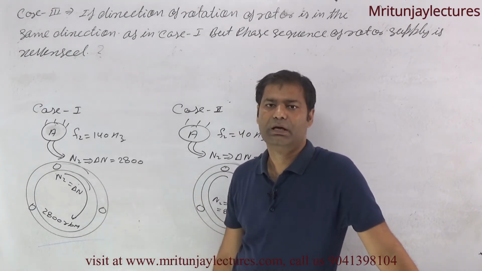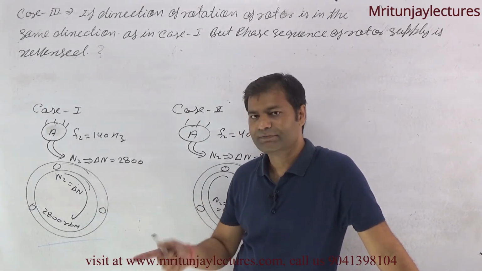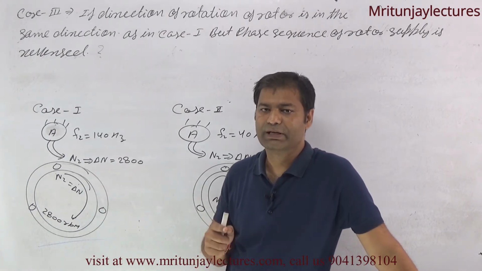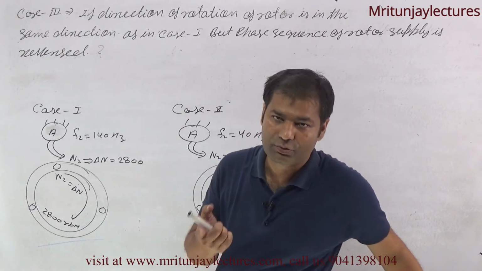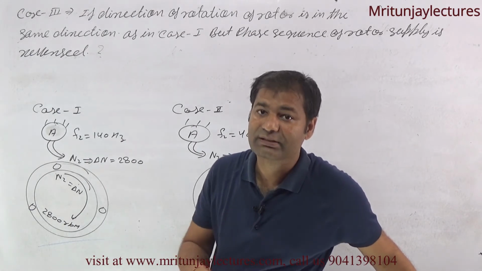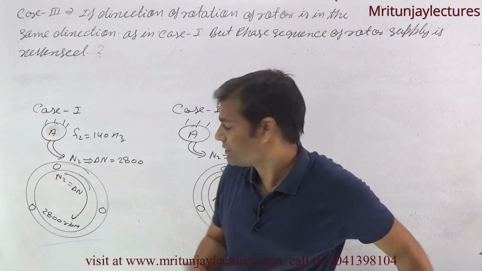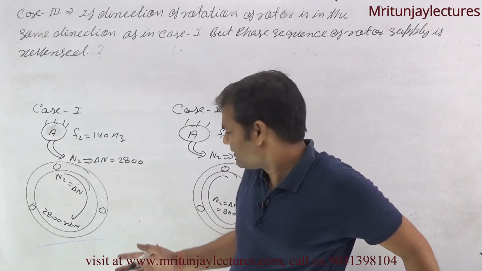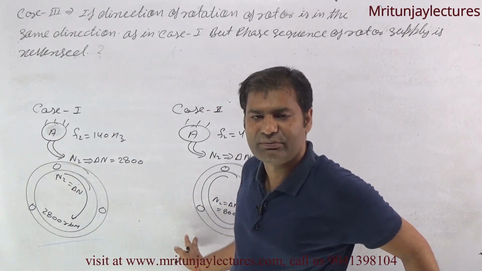And after that, the second case we have discussed, if the rotor winding is rotating in the opposite direction of the rotor magnetic field. Okay, clear? And I have already discussed what is the phase sequence of this one.